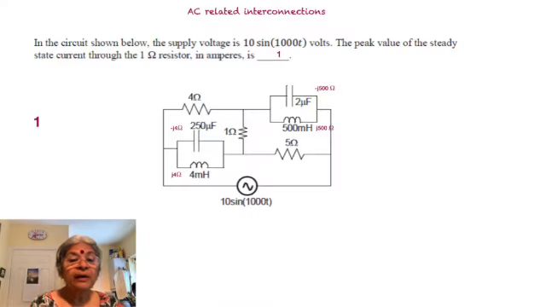We use the omega to convert 4 millihenry to j4 ohms, and use the same omega to make 250 microfarad equal to 1 by omega C, or minus j by omega C. We see that 10 raised to minus 6 comes at the top, so 10, and on the denominator we have 250 as also 1000.